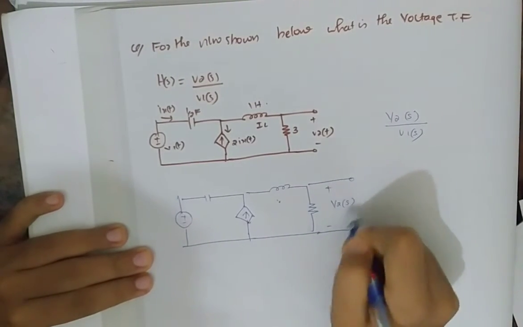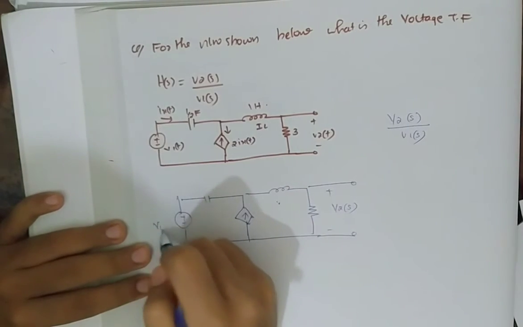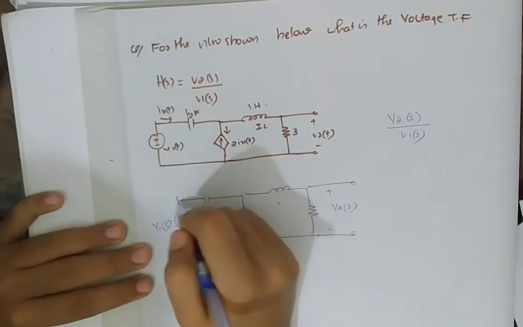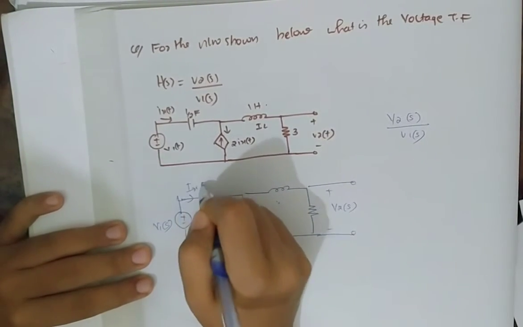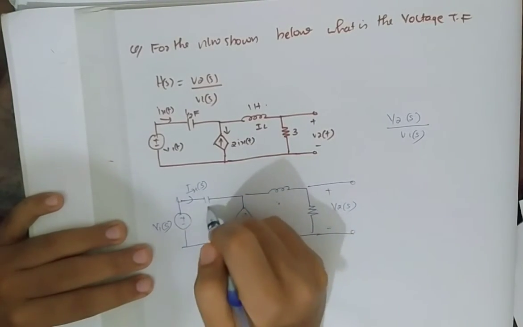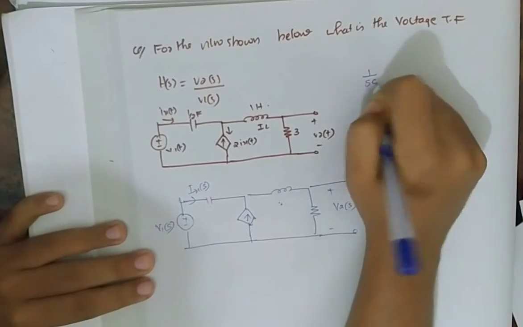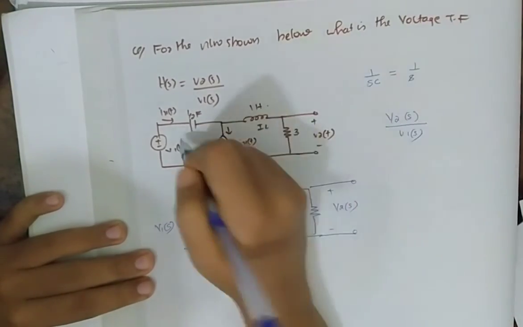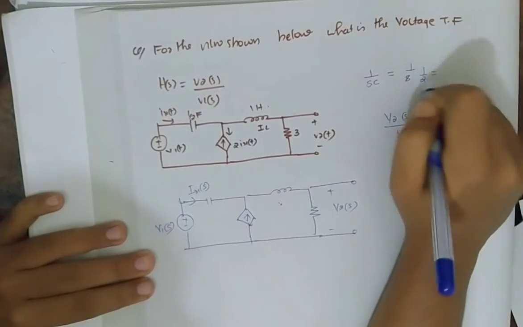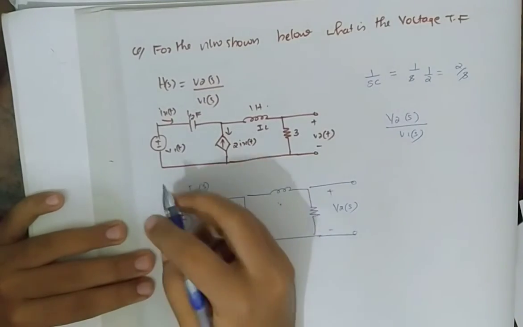This will be V2 of S. Everything in the Laplace domain. This is V1 of S. This will be Ix of S, and capacitor becomes 1 divided by SC, that is 1 divided by S into, what is C here, 1 by 2, so it will be 2 divided by S.